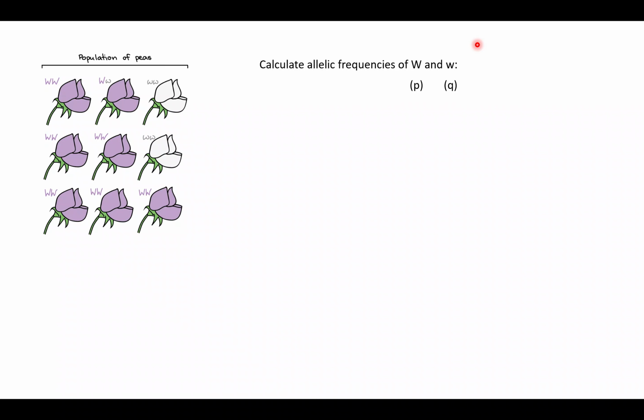Okay. Anyone able to solve? What is the allele frequency of capital W? Yeah, you can try. It's fine if you're wrong. Then only you can understand what this allele frequency means and how to calculate it.